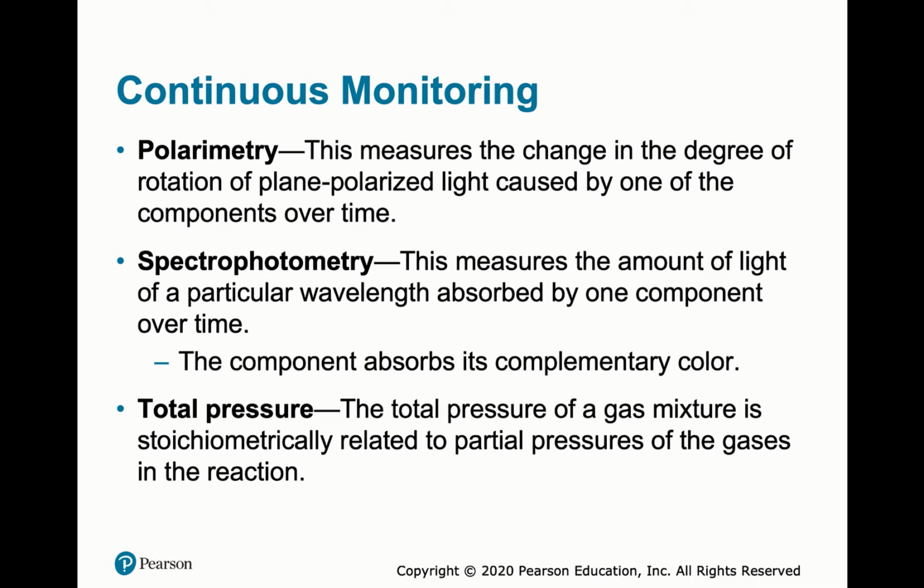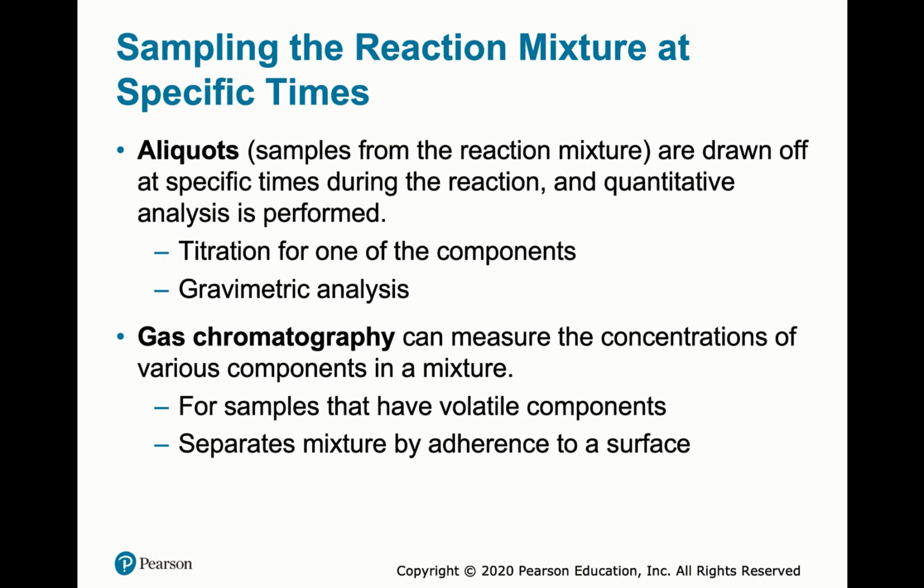Polarimetry measures the change in degree of the, okay, well, you can read this yourself, I suppose. So that's one way you can measure the reactions. You can take samples as well, and these are 2 ways.